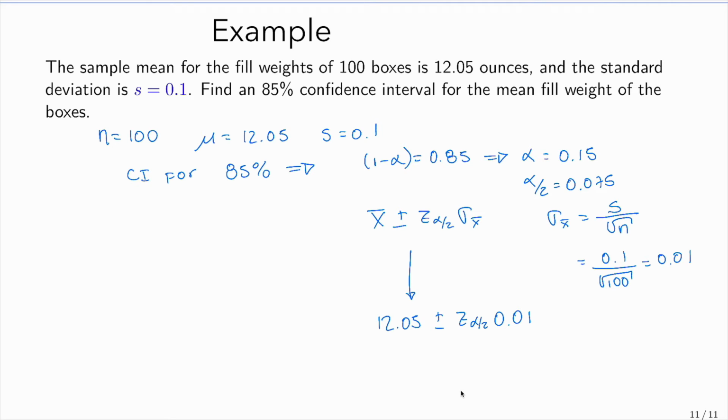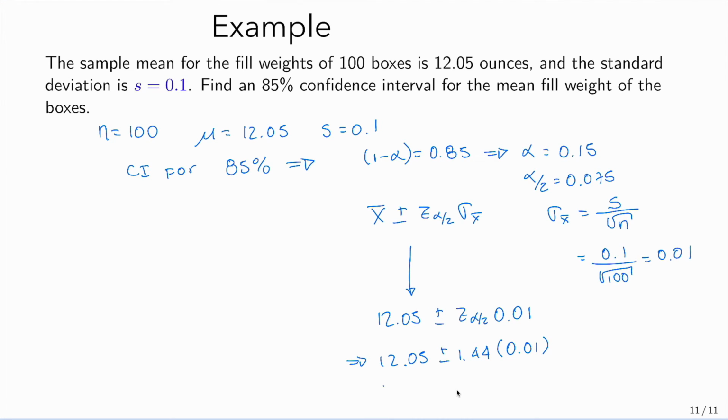So from that we get a value of z of alpha over 2 equal to 1.44. So the final answer is 12.05 plus or minus 1.44, this is from the table, multiplied by 0.01. That is 12.05 plus or minus 0.0144.